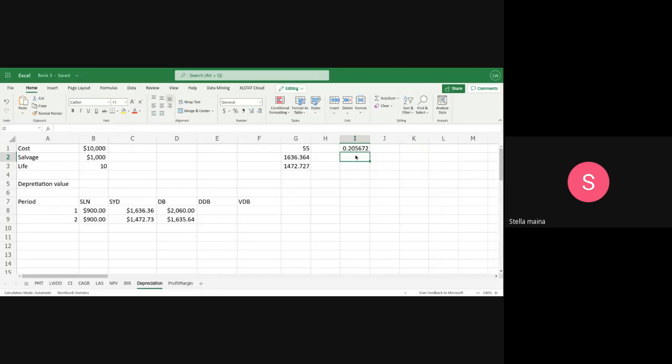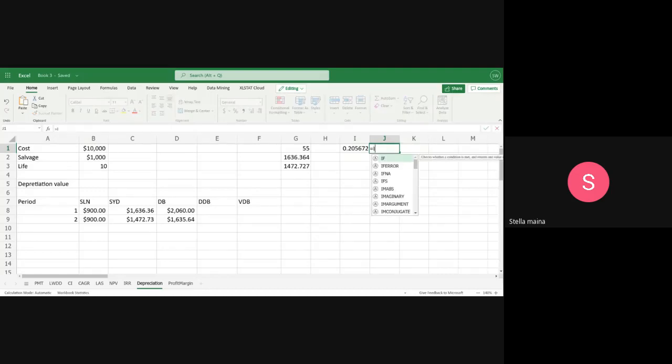We get 0.20 and so on. And then to get the depreciation, we multiply by the cost, 10,000. I can just say is equals to I1 multiplied by 10,000 to get 2056.718.